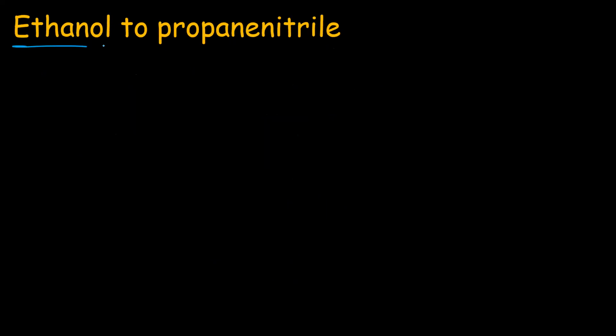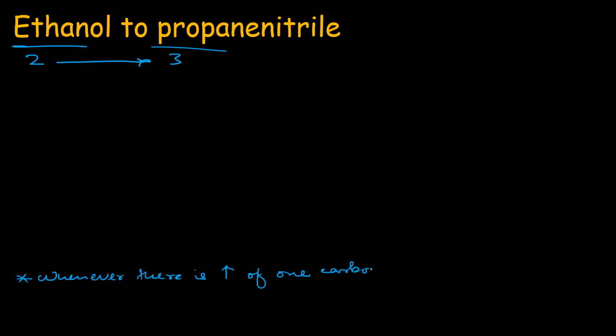Next one, ethanol to propane nitrile. Here we have 2 carbons, and here we have 3 carbons. Whenever there is an increase of 1 carbon, think of KCN.